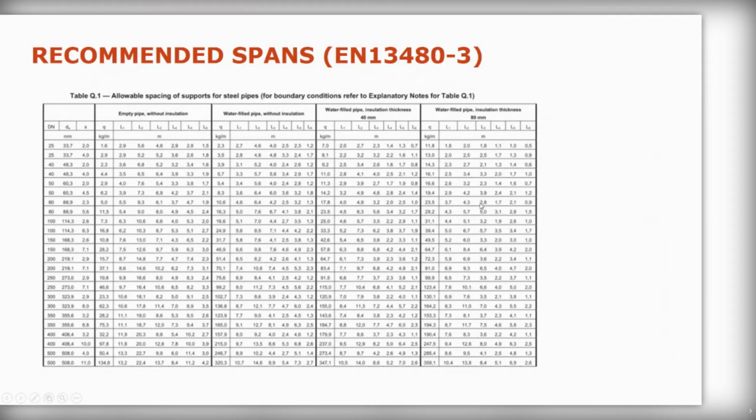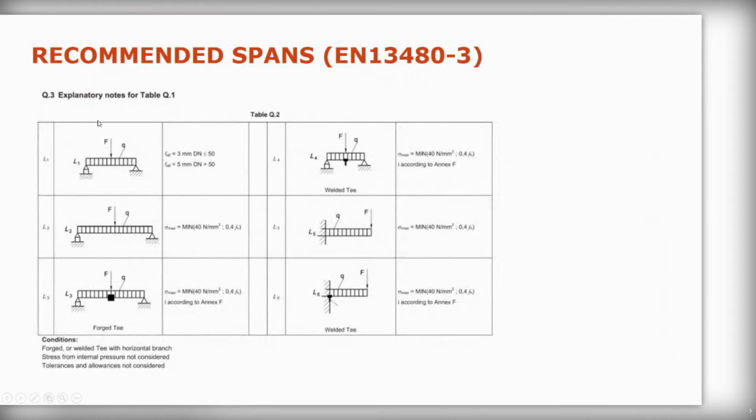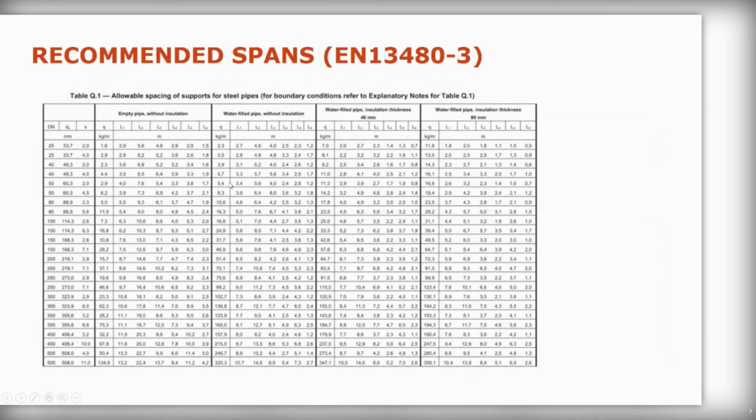This is a small extract out of it, but basically it goes through various different situations that you may come across, different size of pipe, different insulation applied, loads, etc. You can look at how it is laid out, and then compare it to the table, and it will give you, for different weight per meter and so on, different maximum lengths between supports. So this is easy to follow.